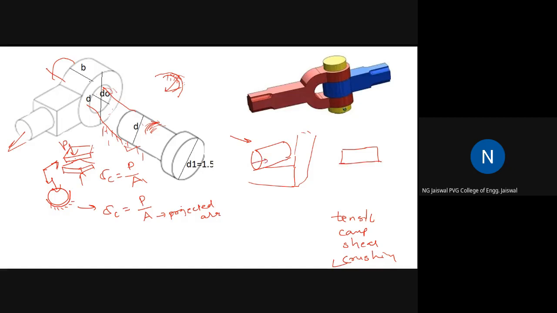If this is diameter d and this length is L, then you see one rectangle of d and length L. So this area is called the area under projection, the projected area. So for this cylindrical part, the area under projection is a rectangle of dimensions d into L. So this area is the projected area.